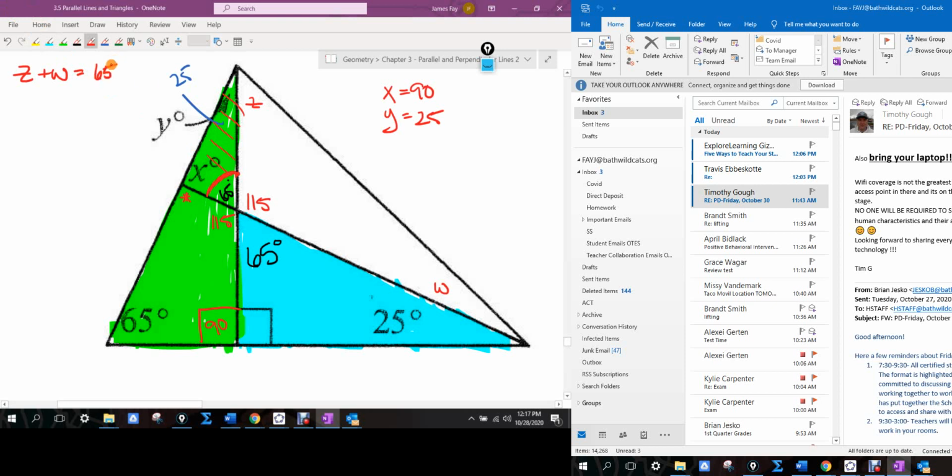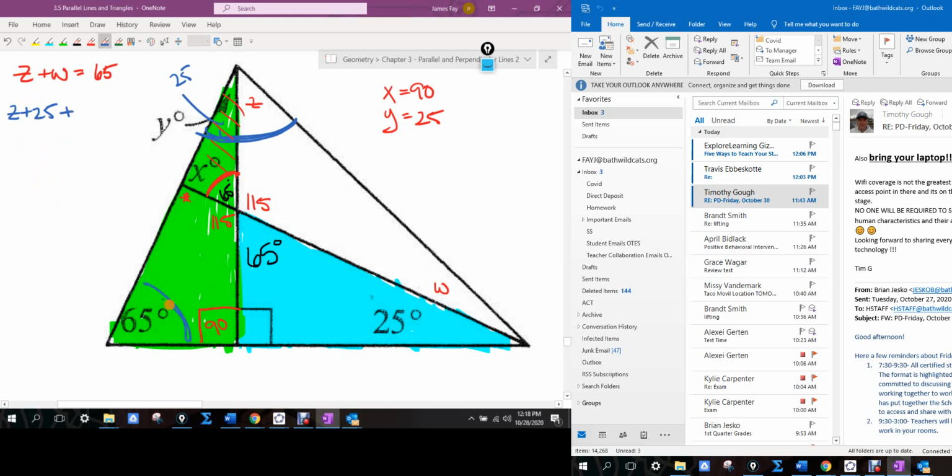You know the value next to the X. That's supplementary. Well, let's see if we did this. Can I take that angle there, which would be Z plus 25. Would you guys agree with that?